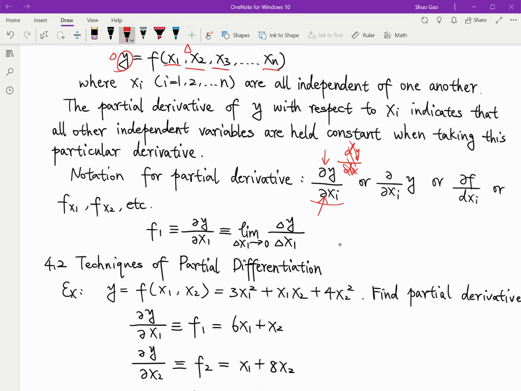For partial derivatives, we use another sign to describe that. Or we can also write it simply as f x1, f x2. This means that we take the partial derivative of function f with respect to x1.